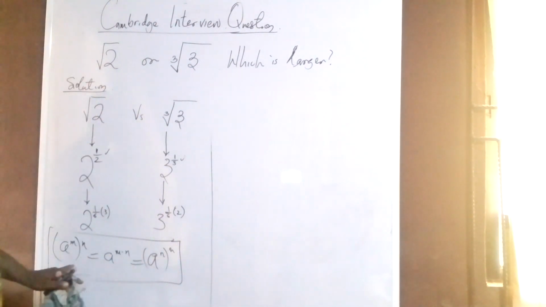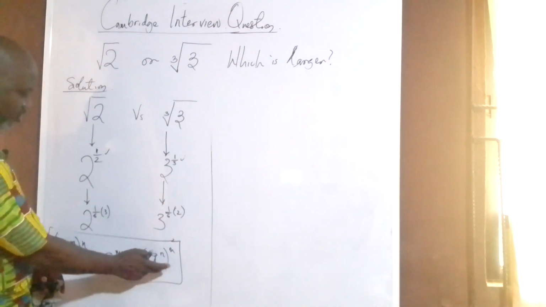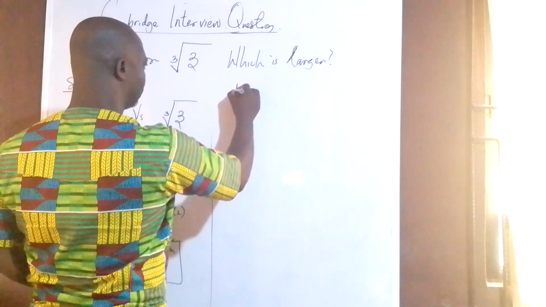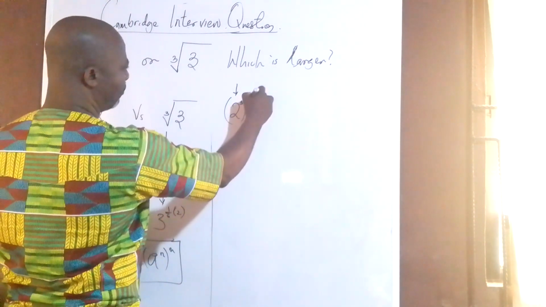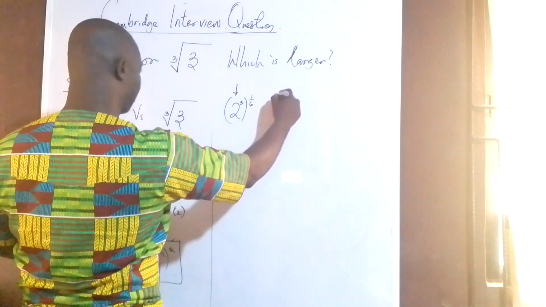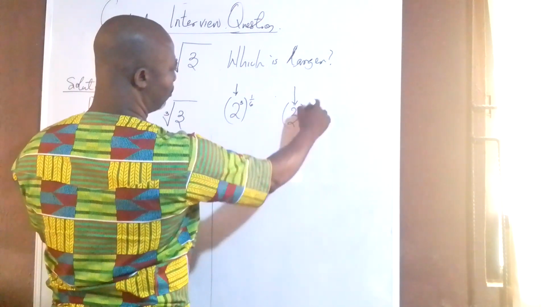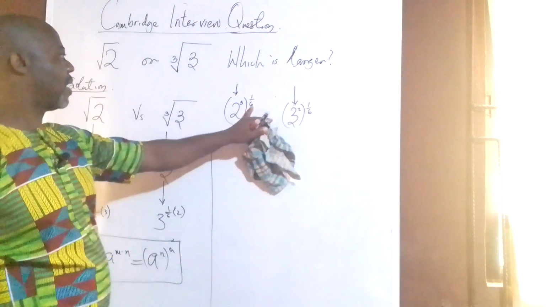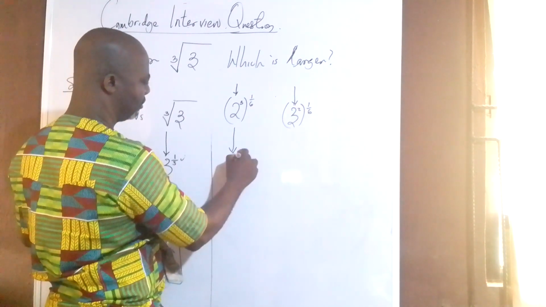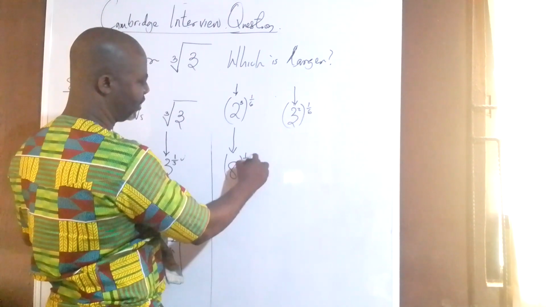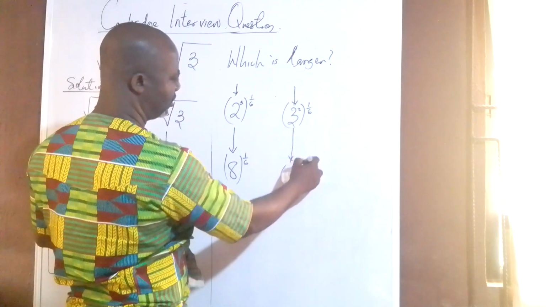So this becomes 2 to the power of 3 all to the power of 1/6, and then 3 to the power of 2 all to the power of 1/6. So I'm going to rewrite this as 8 to the power of 1/6, and here we have 9 to the power of 1/6.